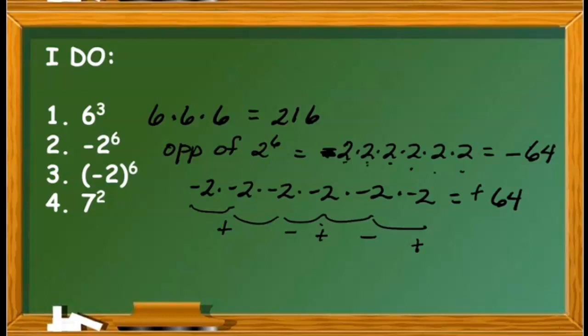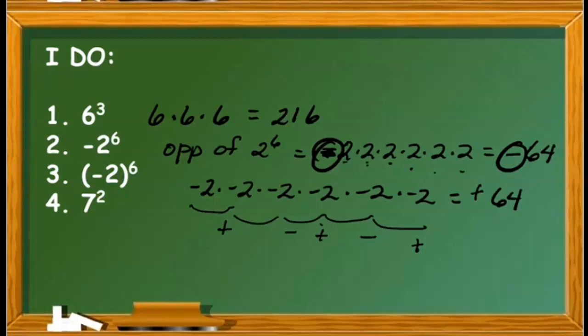So again, the key here is that if there are parentheses around it, the negative is multiplied exactly the same number of times. So 1, 2, 3, 4, 5, 6. But if there is no parentheses, then the negative is just out in front. It means the opposite of.